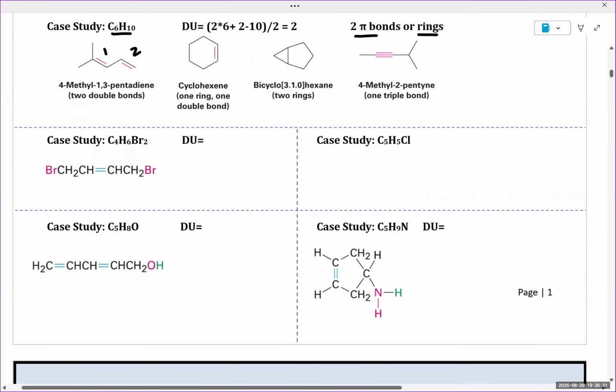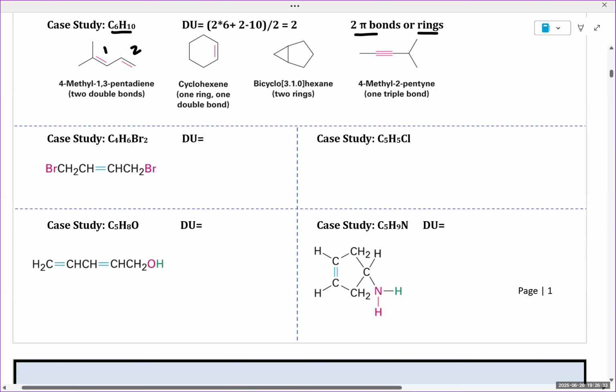Let's do some case studies now. If we are given the formula C4H6Br2, we can see from the structure for this formula, we have a Du value of 1. We have 1 pi bond or ring. If we wanted to calculate Du manually, halogens are treated identically to hydrogens.